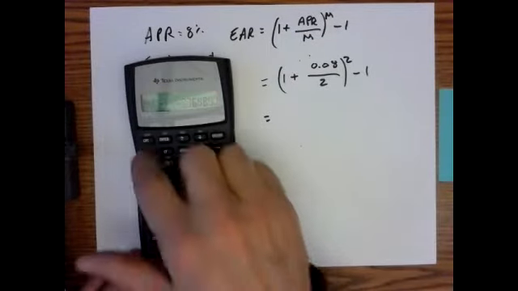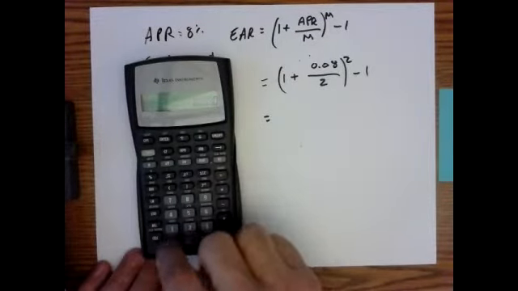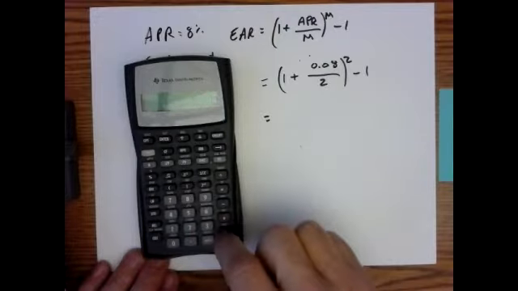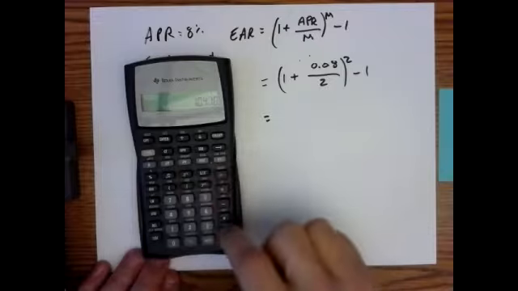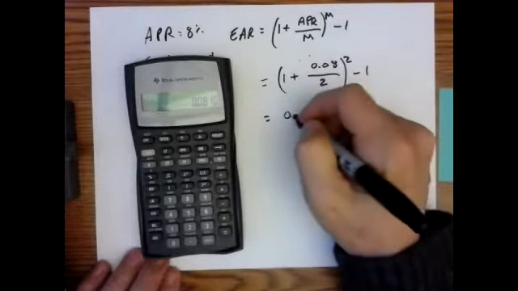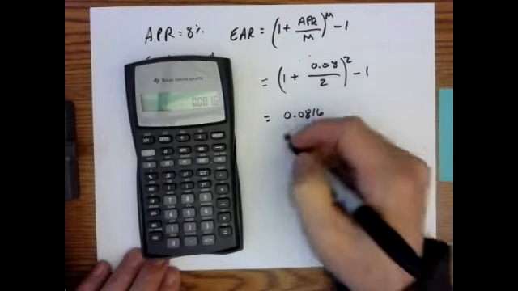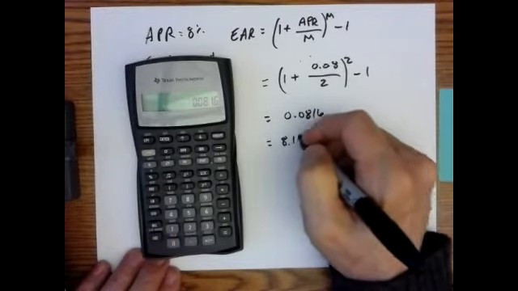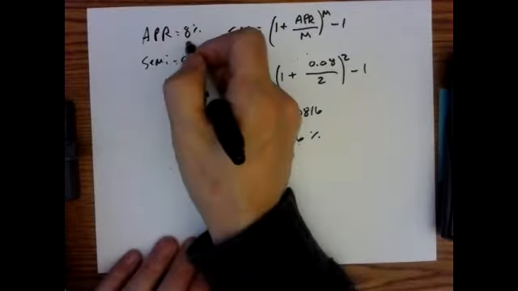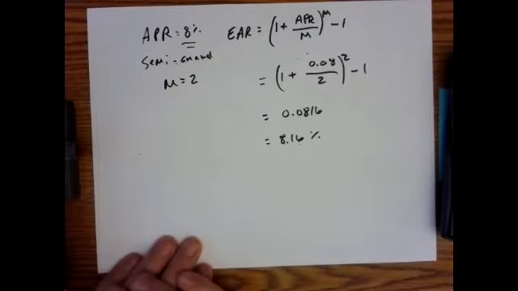So we have 0.08 divided by 2 plus 1, squared, minus 1, which gives us 0.0816, or 8.16%. So even though the bank lists the APR as 8%, in reality you're going to be paying roughly 8.16%.